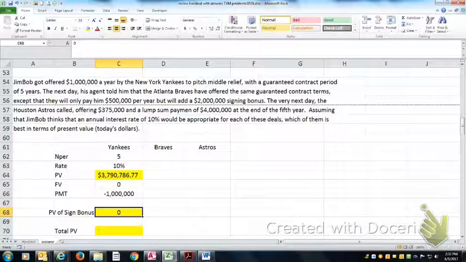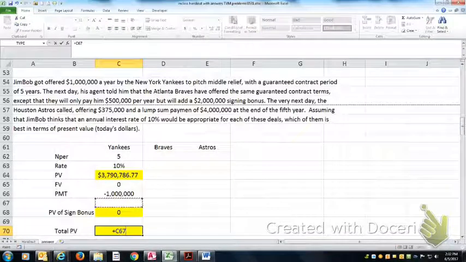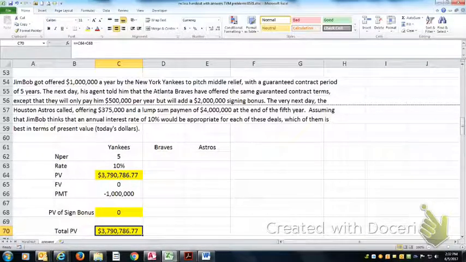Doesn't get any signing bonus, just gets 5 equal payments of $1 million. That's a total of $5 million. But what that's worth in today's dollars, that's the equivalent of getting $3,790,787 today. All right?